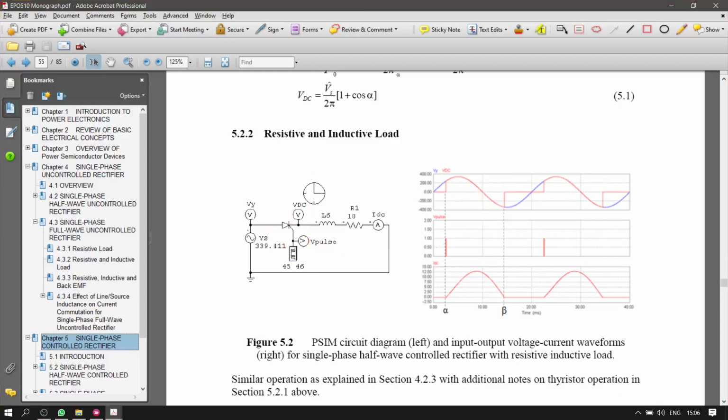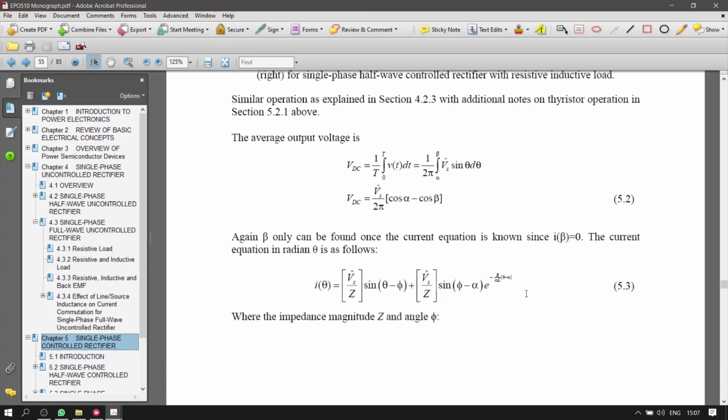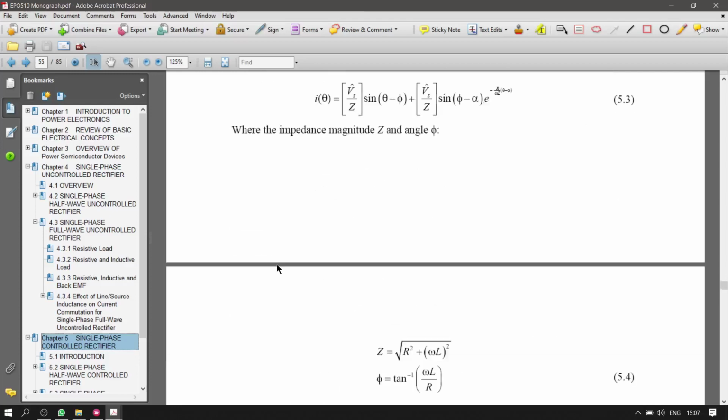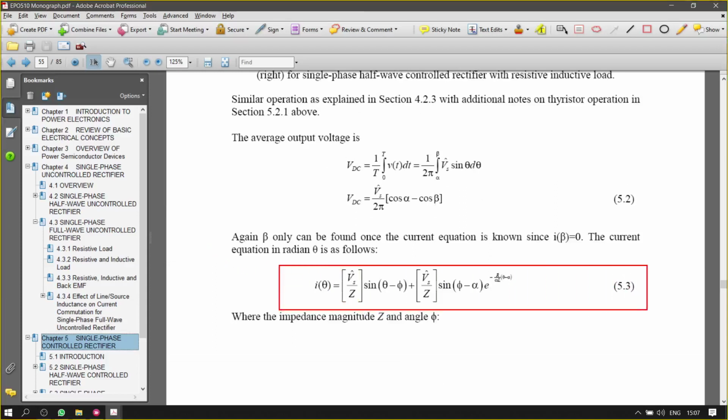So in order for you to determine the beta here, you need to find the current equation, isn't it? In this monograph, I've already explained how to calculate that beta, and this is simplified. You can refer to the half wave uncontrolled rectifier, where we do have the derivation of the current equation, and this is the current equation.